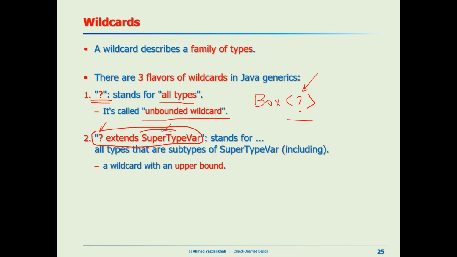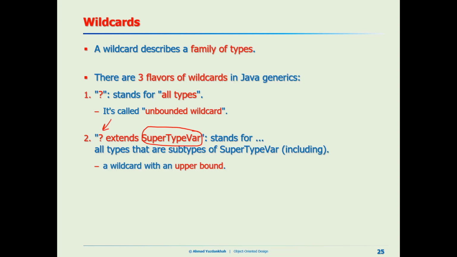So you can pass here any object which is a subclass or subtype of the supertype variable. In fact, this is a wildcard with an upper bound. So this will be the upper bound for whatever we can put here.